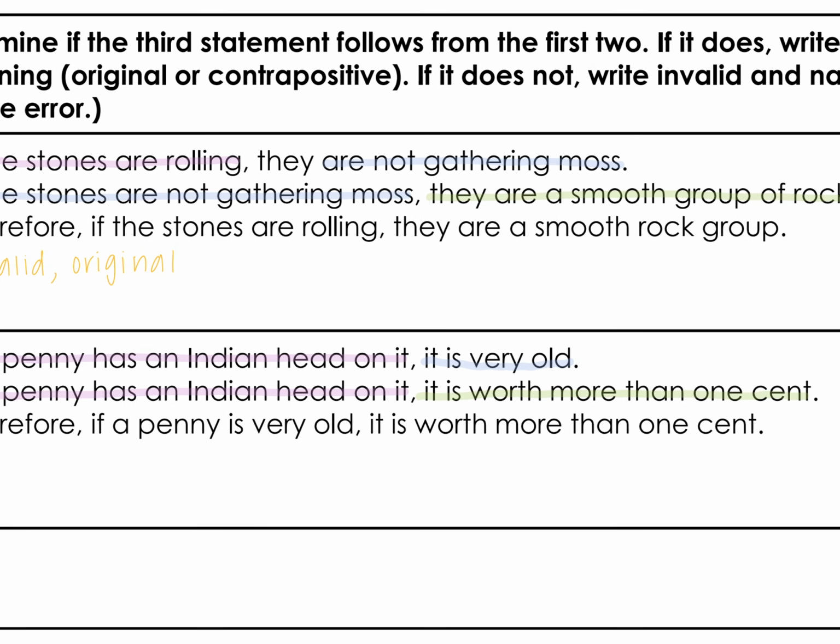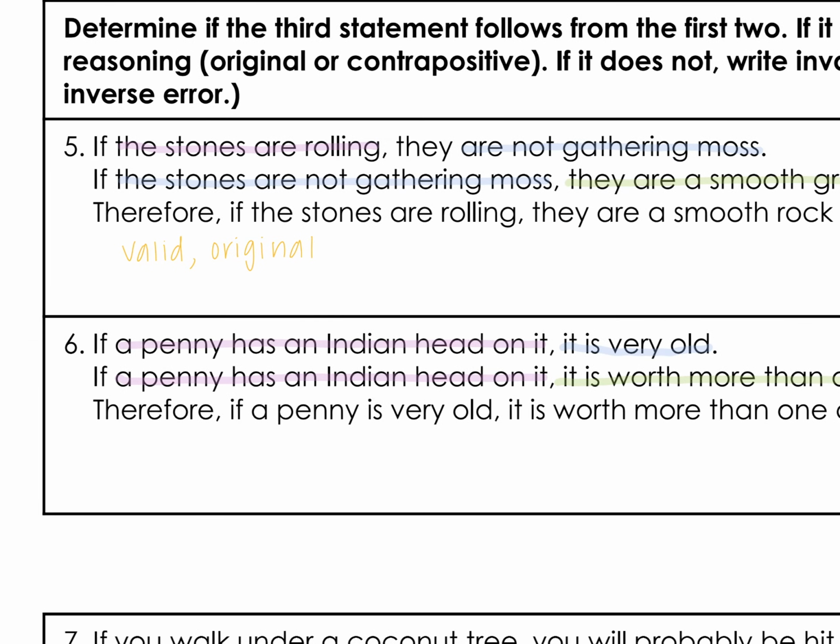Now, like we had done previously in some of the other problems up above, we will notice here that the part that they have in common is on the same side of the sentences. They're both going to be the hypothesis in the sentences.